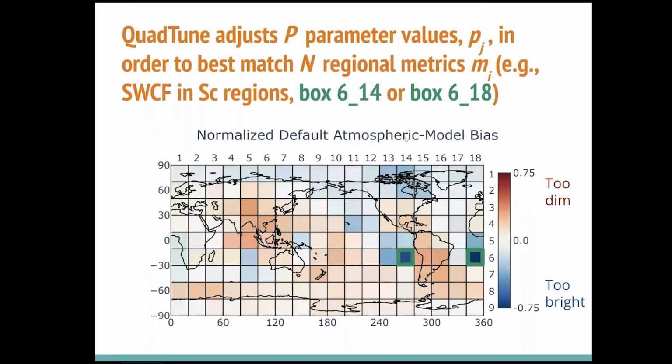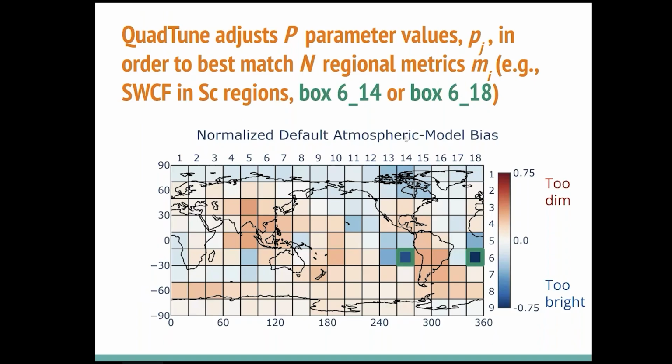Okay, so what's the basic idea? We take the globe and we carve it into 20 degree by 20 degree regions. This is just our standard configuration. And we sort of tile the globe and we choose a metric that we want to tune, that we want to match. So say shortwave cloud forcing.